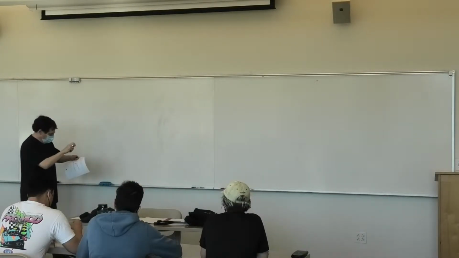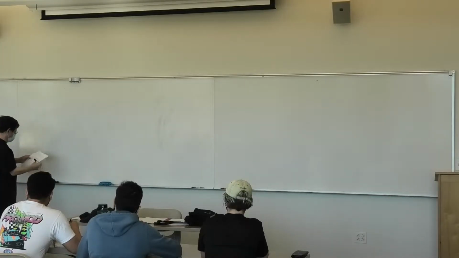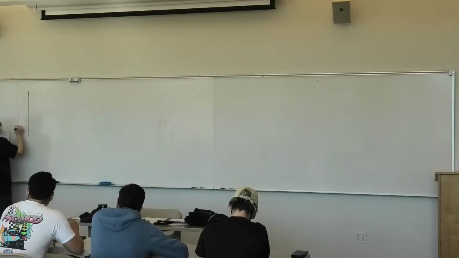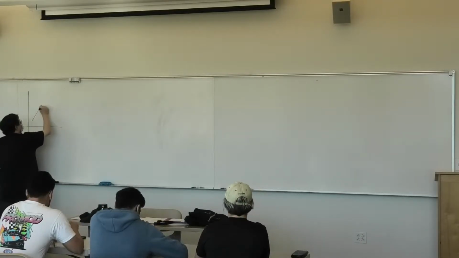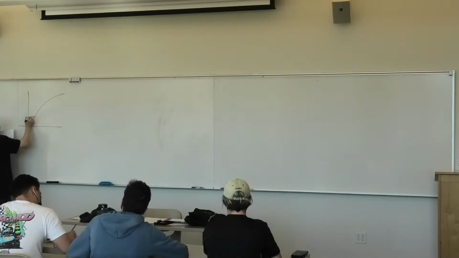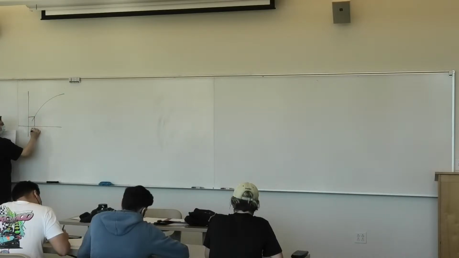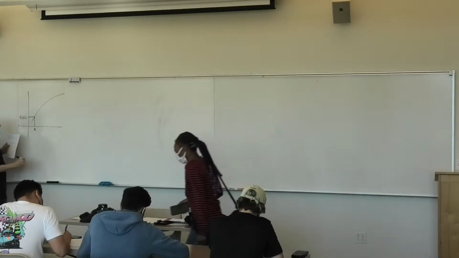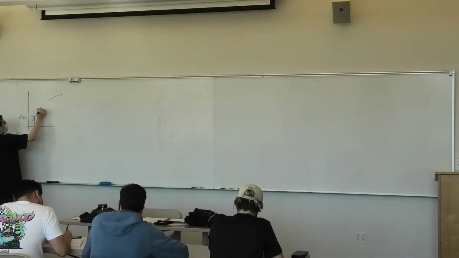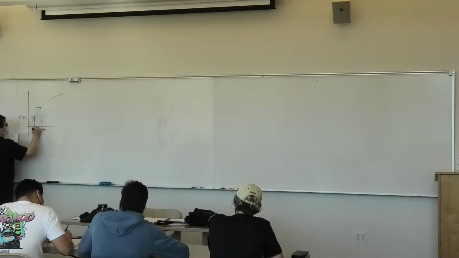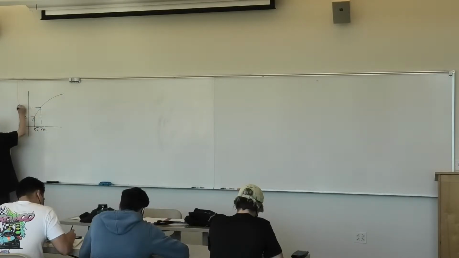Okay, so getting back to where we left off, we have this idea that we have a continuous function, and we have some x, and the value in x, and we have some other point a little off, x plus h, so the distance is h.